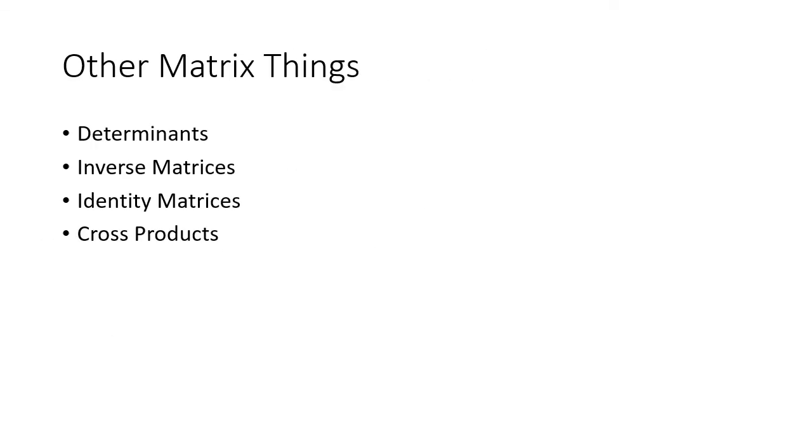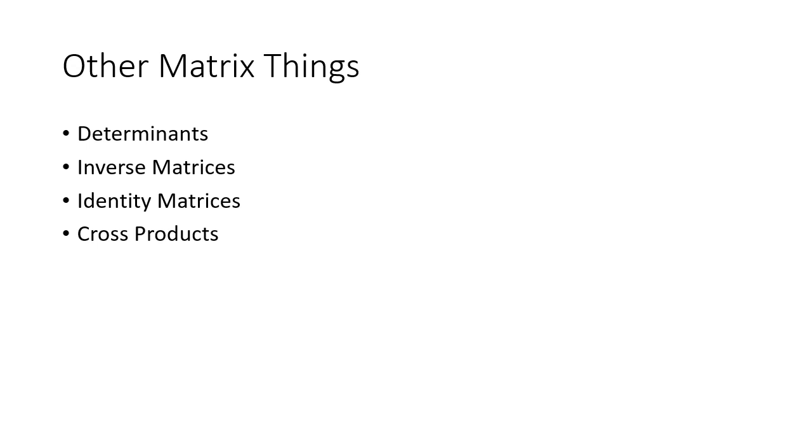I'll eventually make future videos about matrices, and we'll talk about things like determinants, inverse matrices, identity matrices, and maybe get into something called cross products. These are all very fundamental to matrices and matrix math, but they're used more in fields like engineering, where cross products are used when we talk about things like strain on structural members and stuff like that.